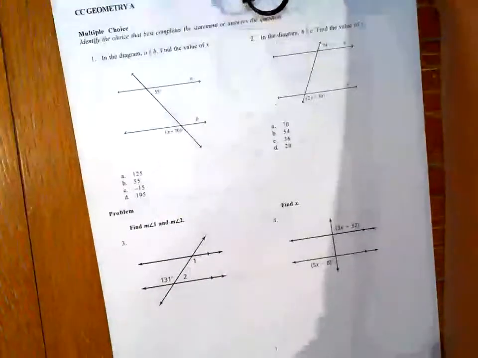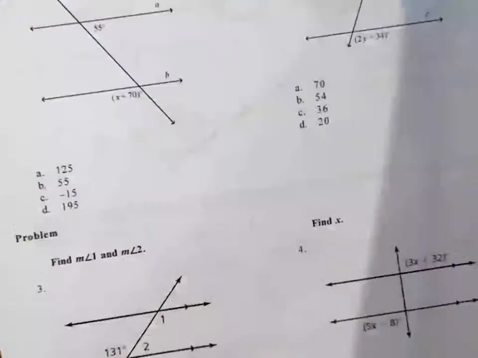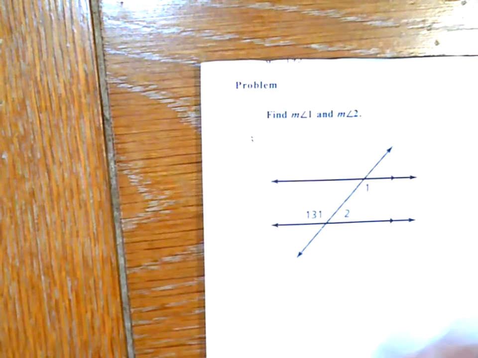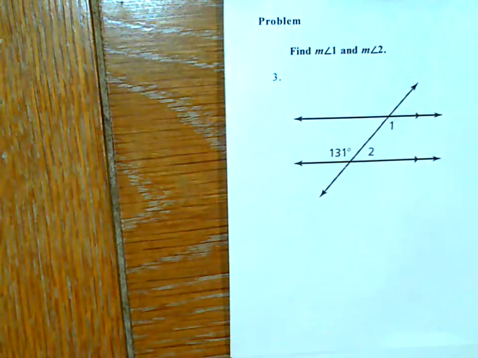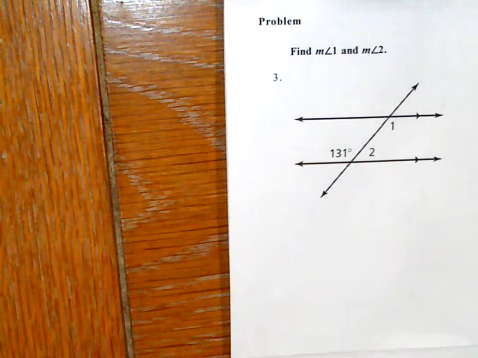So let's look at 3. Let me see if I can zoom in on 3. See if we can do this. Can you guys see 3? Does it make sense? Maybe.